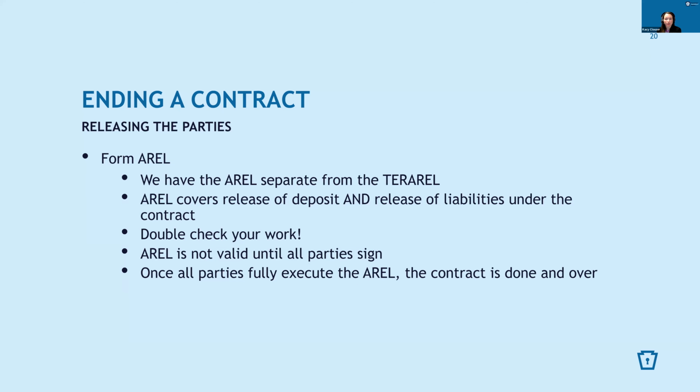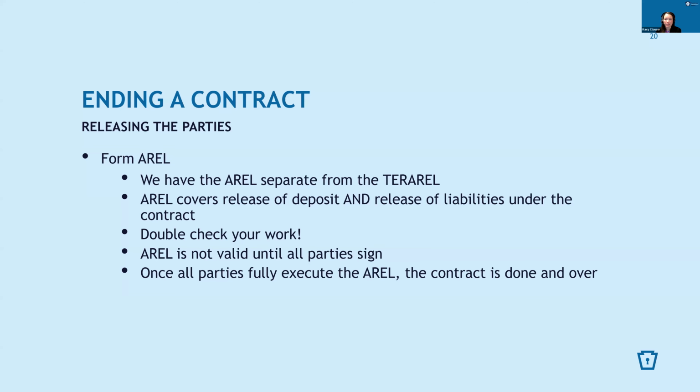Yeah, so as Hank said, he covered the termination, and now, we know about termination, but what is release? The release is both for negotiating the release of any deposits that have been made, but it is also designed for the parties to release each other and their brokers and agents from liabilities related to the contract.